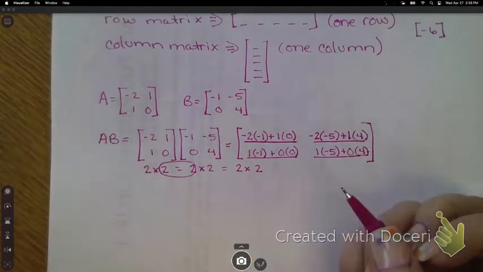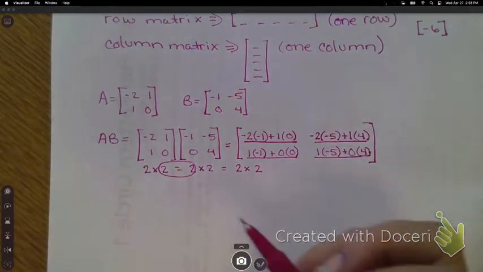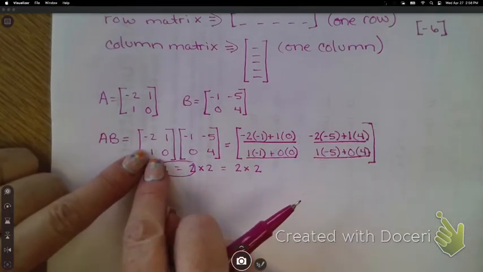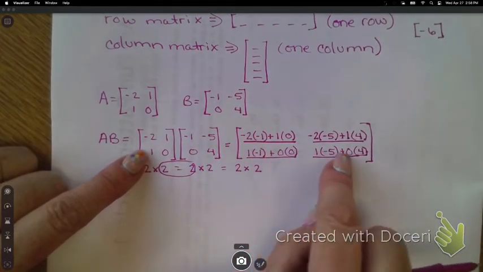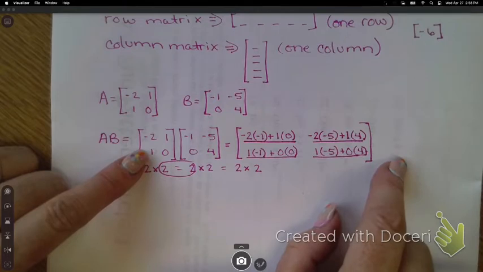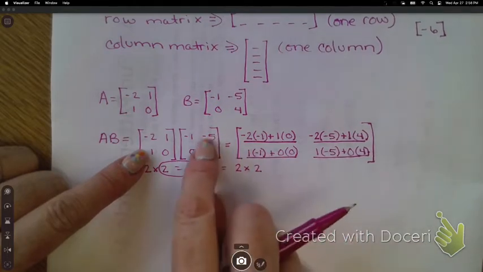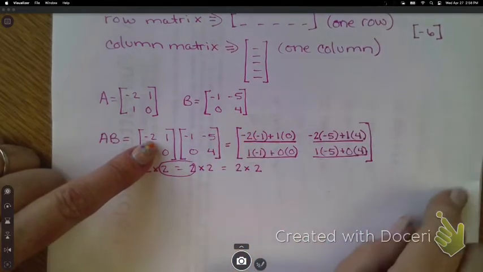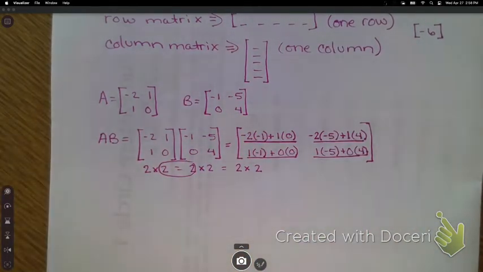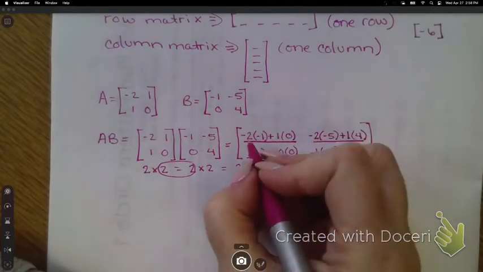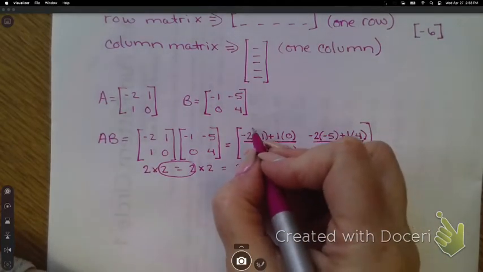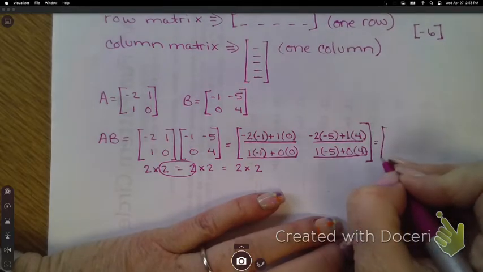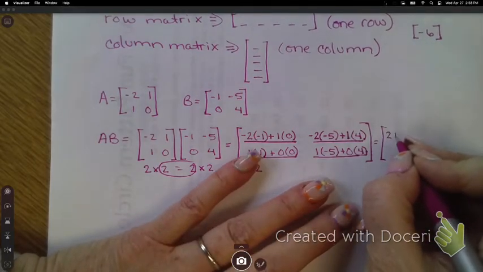Now, the reason why you have to match the columns of the first to the rows of the second is because I would just keep going with this process. If I had another column, I would just do the first row times that next column. I just keep repeating the process. So this is negative 2 times negative 1 is 2, plus 1, plus 0.